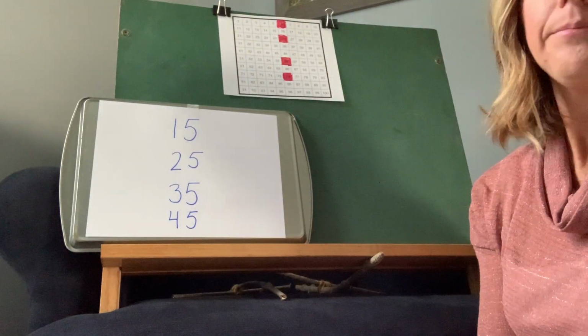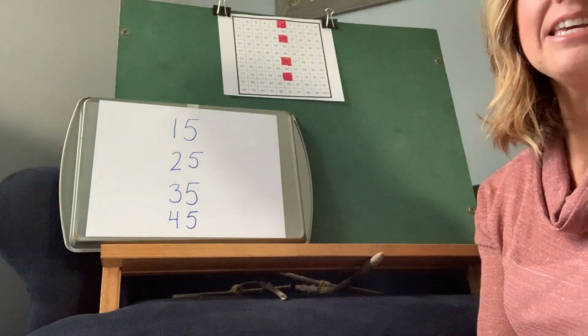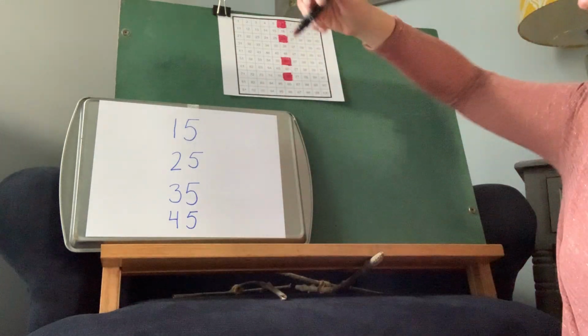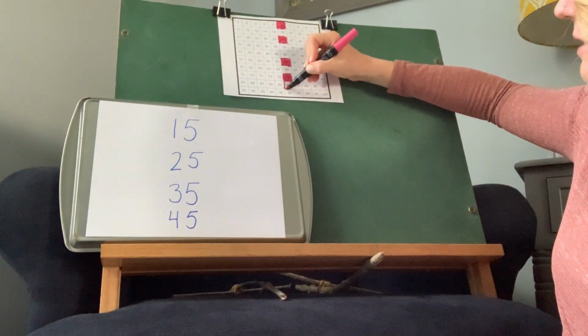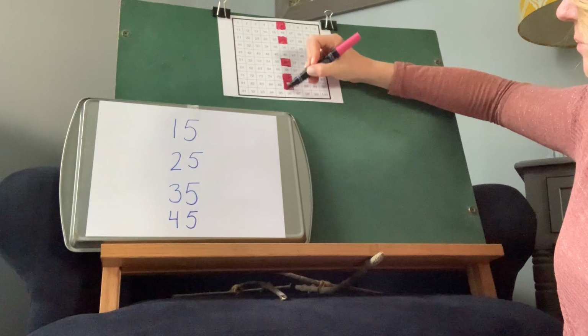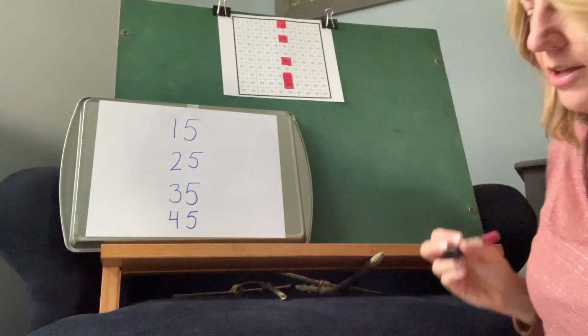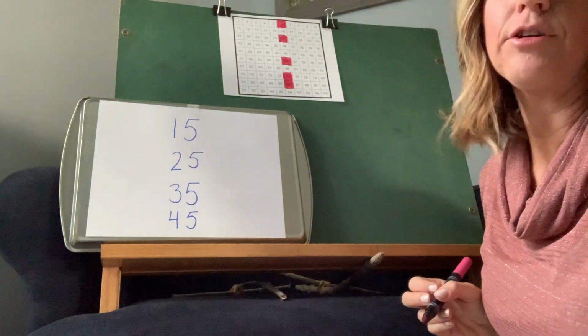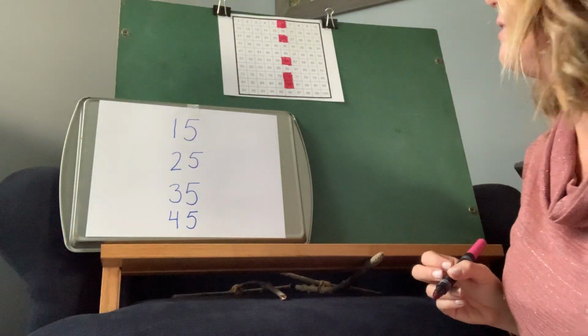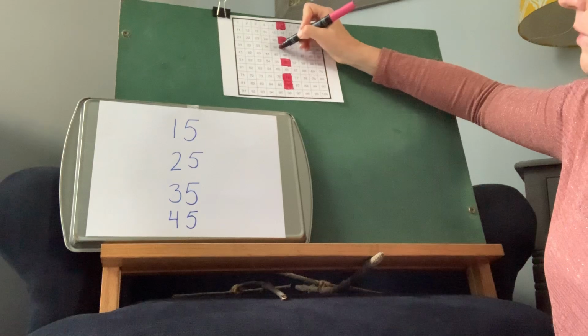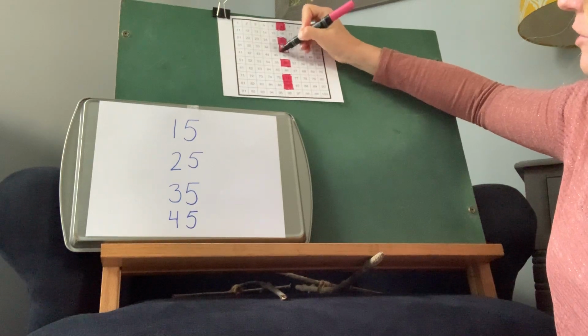Color the number that is after 85. Here's 85. Okay, I'm going to color the next number. That would be 86. Color in the number that is after 35. Oh, there it is. 36.